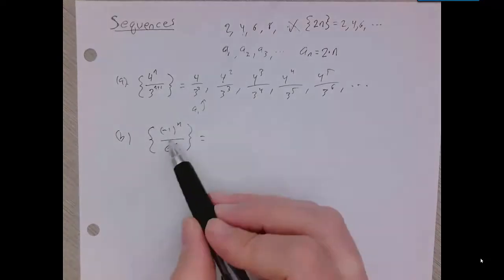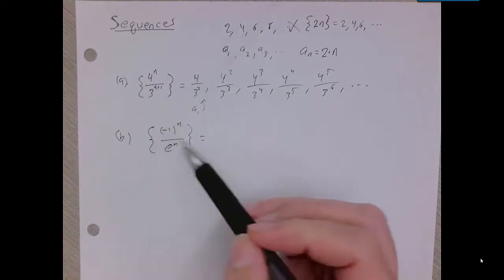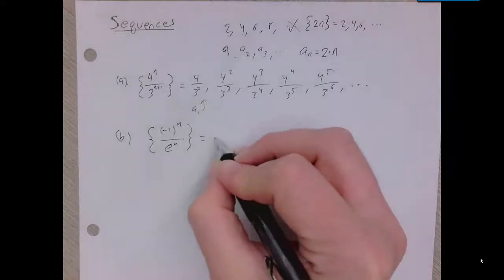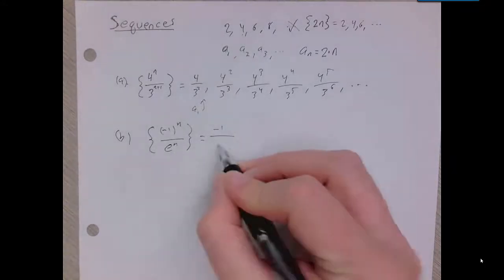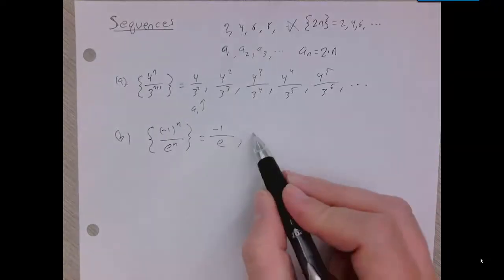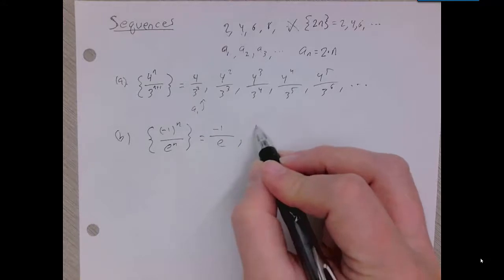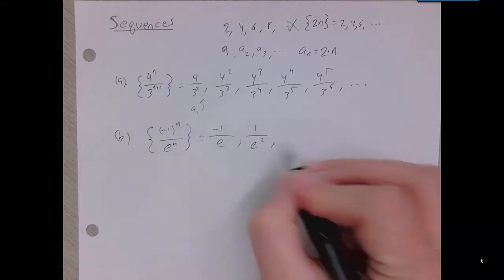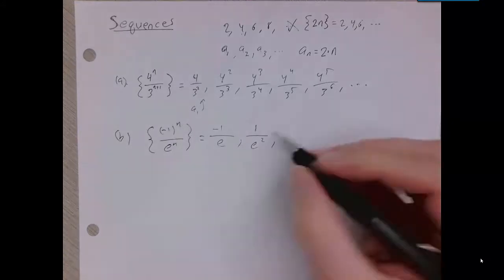All right, so here, when n is 1, I've got negative 1 to the power of 1. So that's just negative. So I could write it this way, negative 1 over e to the first power. For the second term, I'll have negative 1 squared, so that becomes positive 1, and then this is e squared. When n is 3, negative 1 to the third power is again negative.